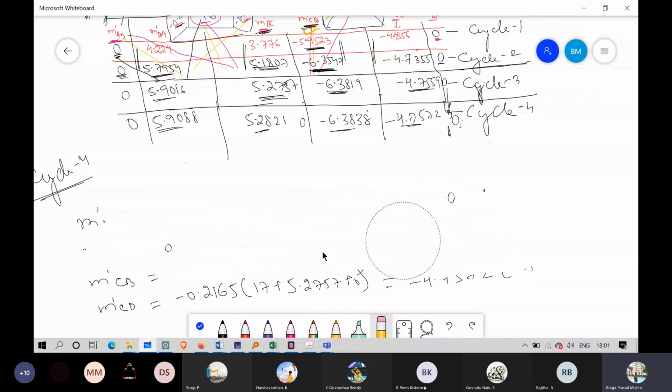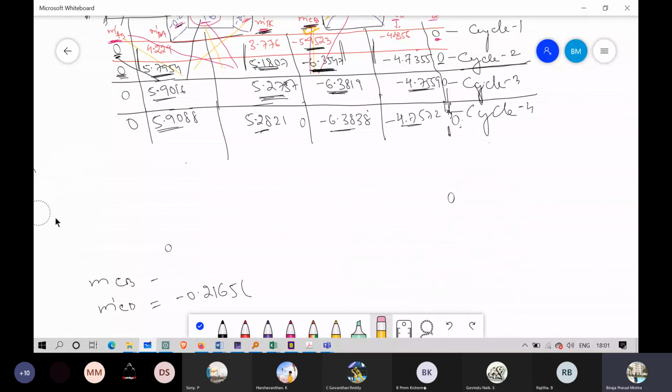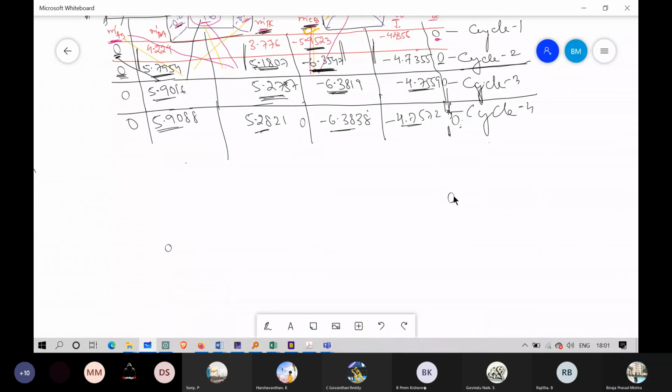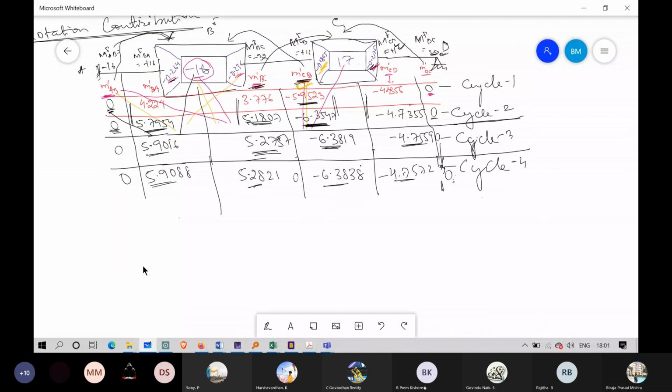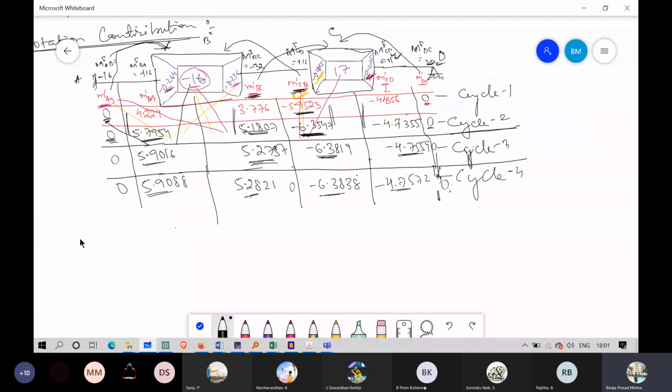Now what will be the final end moments? So this will be step 4, step 4 is the final end moments.